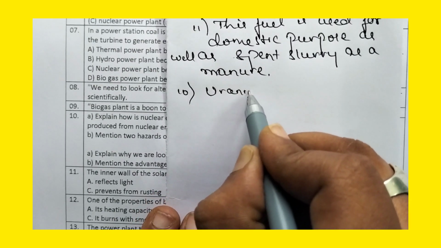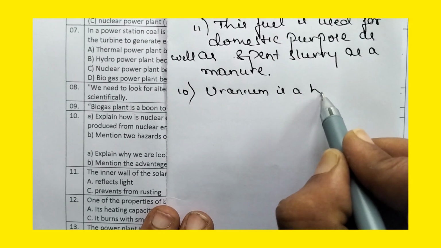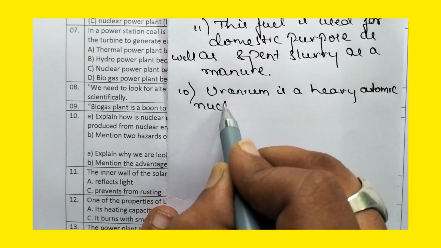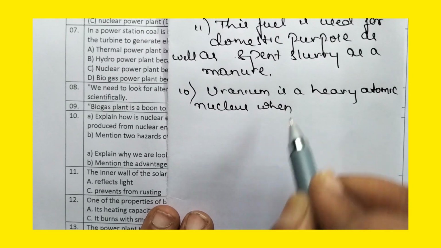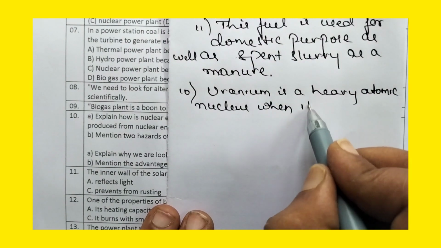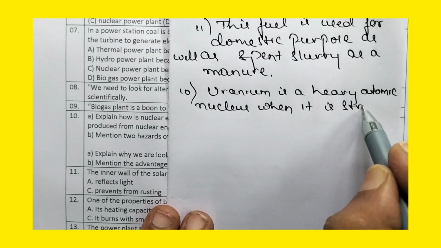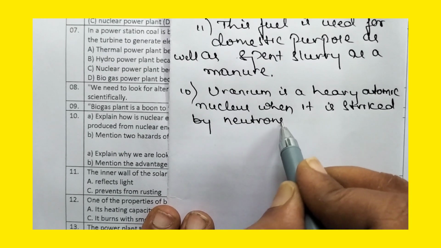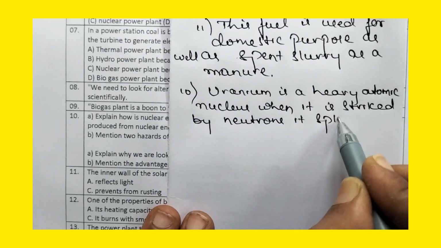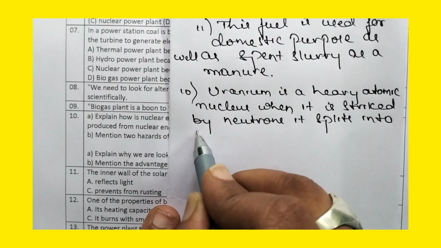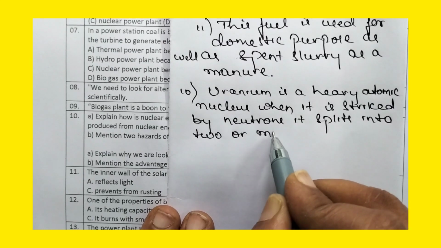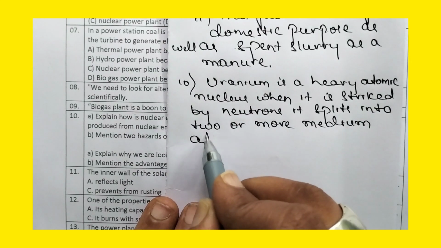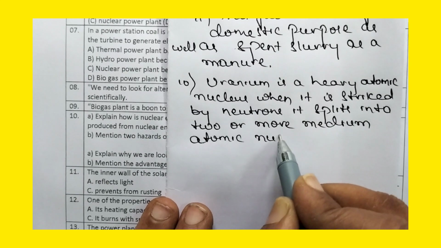Uranium is a heavy atomic nucleus. When it is struck by neutrons, it splits into two or more medium atomic nuclei.